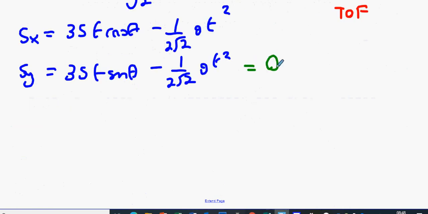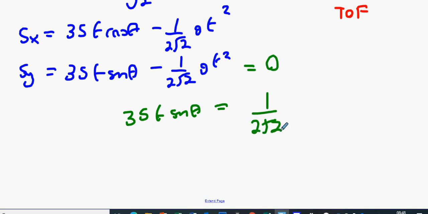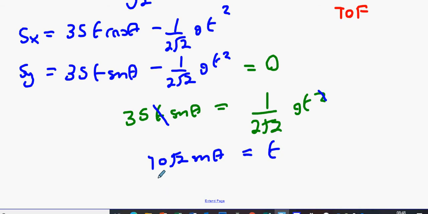Now we're going to have to solve this. So you're going to get 35t sine theta equals 1 over 2 root 2 gt squared. Cancel the t's. And then, 70 root 2 sine theta over g.